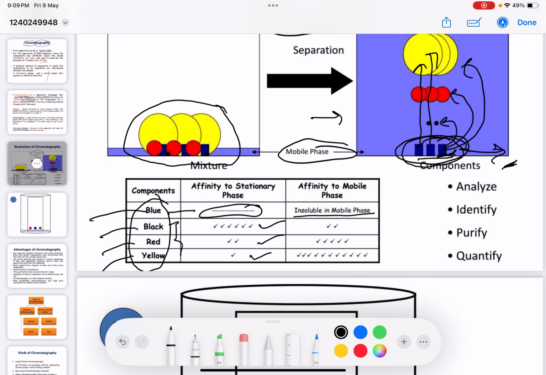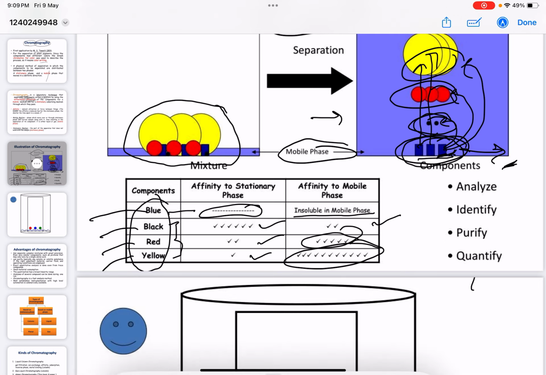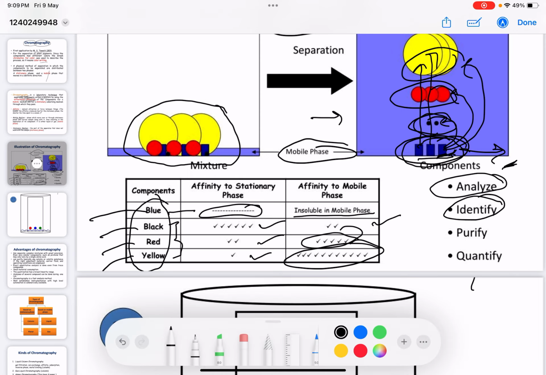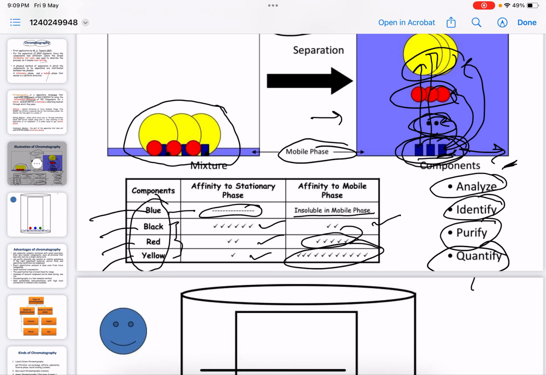Next we have black, red and yellow. Black has the smaller affinity, red has larger than the black one, and yellow has the largest affinity, right? So here we have to analyze, identify, purify and quantify our solution.